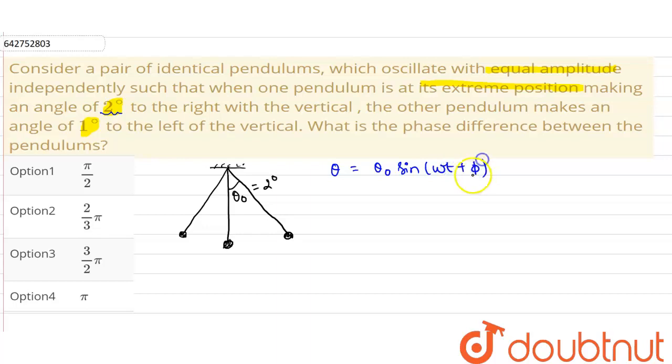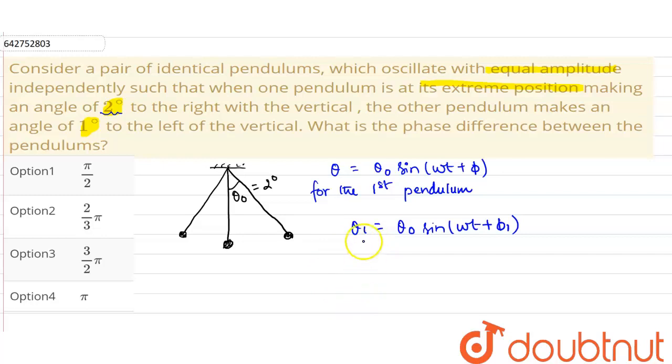Now the equation of the SHM will be given as theta equals theta naught sine omega t plus phi. So for the first pendulum, theta 1 will be equal to theta naught sine omega t plus phi 1, where phi is the phase.